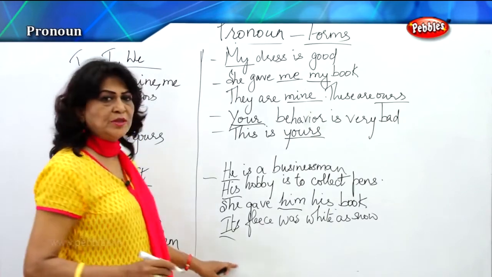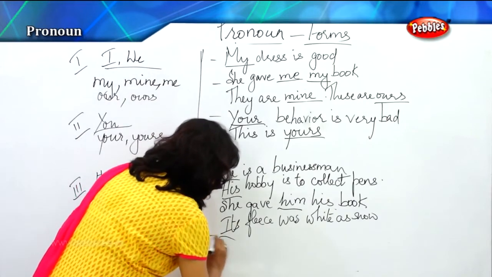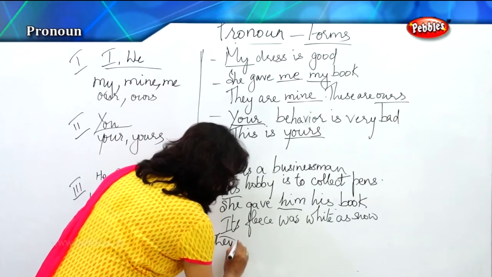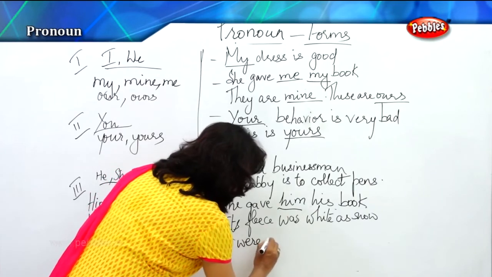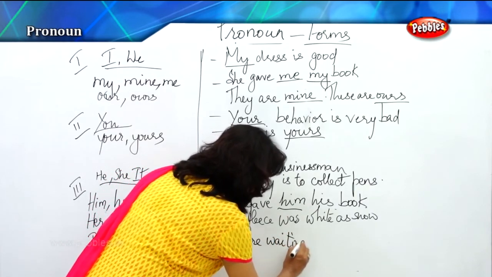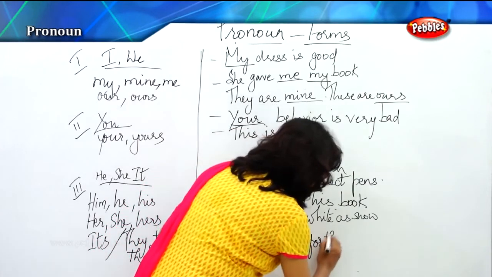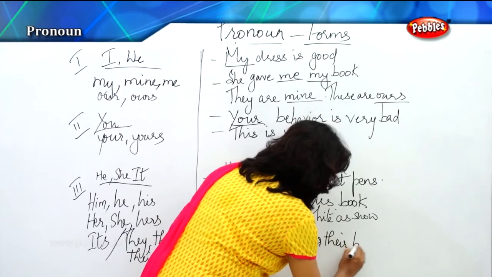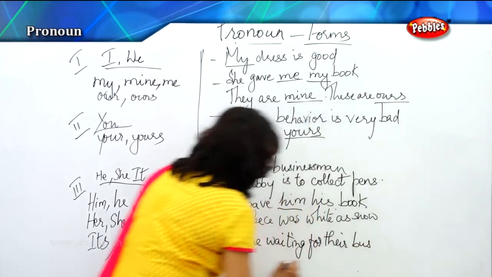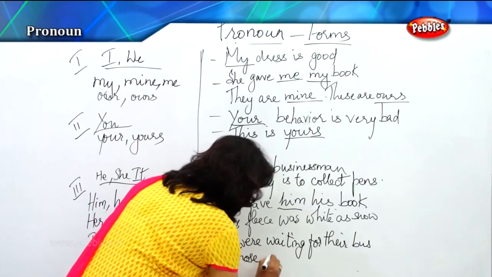I will give you two sentences for these. They were standing, they were waiting for their car, or for their bus. Those seats are theirs.